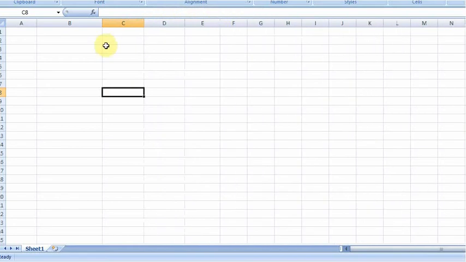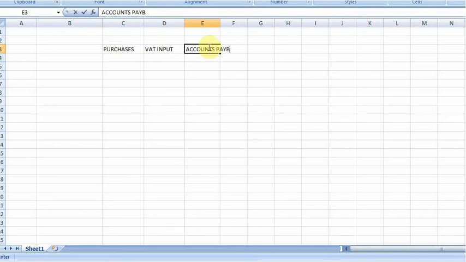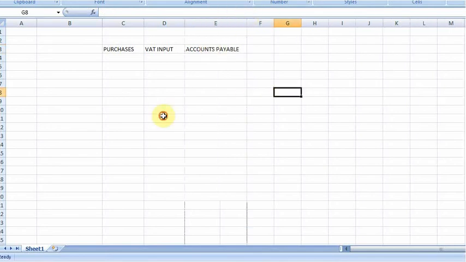The 3 columns I have in a purchases journal are the purchases, the VAT input account, and then also my accounts payable, but you can also call it creditors control.